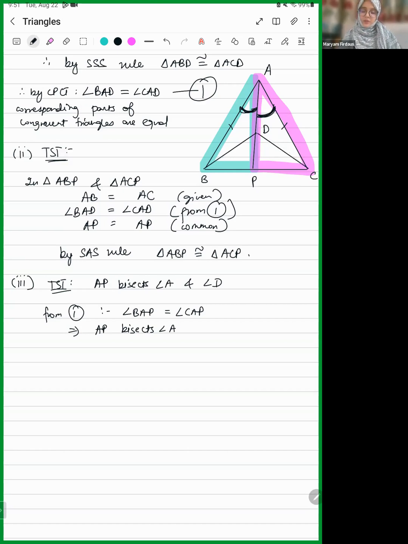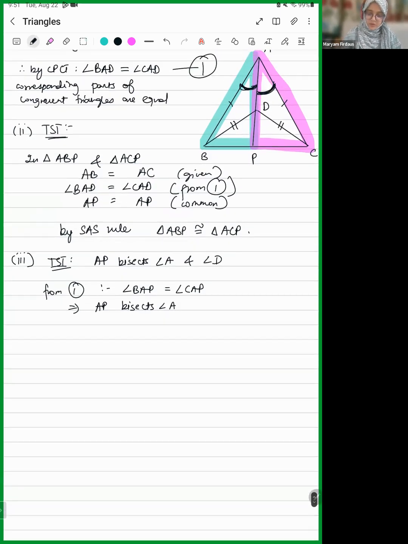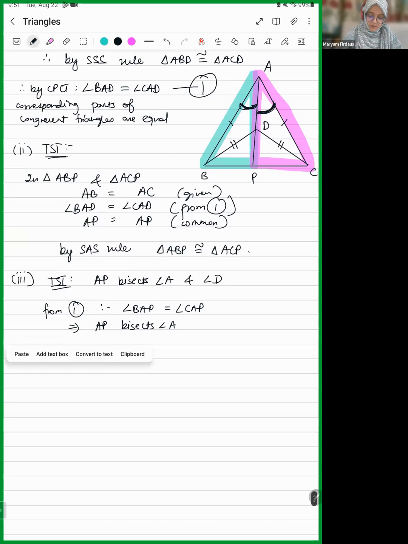How can we show this? We can show that by proving BDP and CDP congruent. I'm going to just take this again.